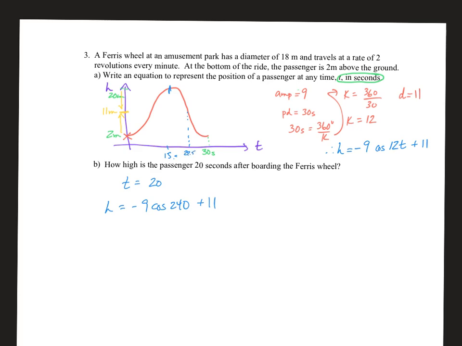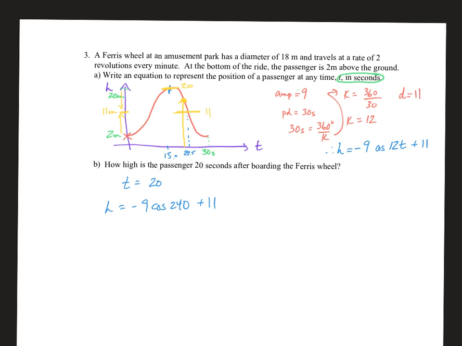So if this graph was talking about finding a point at 20 seconds, then I'm looking for somewhere in there, which puts my height somewhere between the middle of 11 and somewhere below the max of 20. Because it's only 2.5 seconds, I'm probably looking for something just a little bit greater than 11. Okay, so we're working our way through.